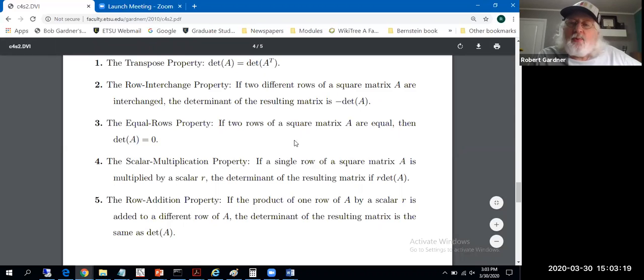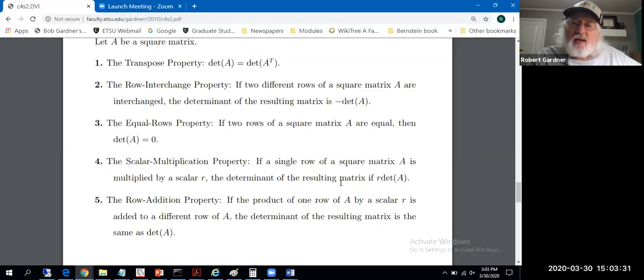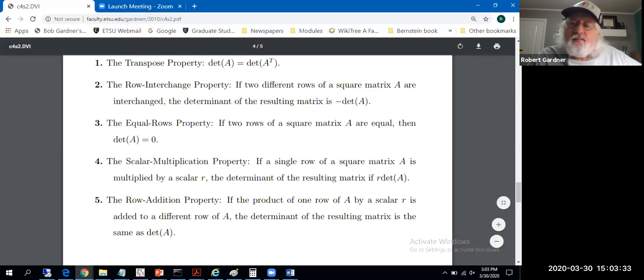Maybe property 3 is useful as a shortcut to notice when determinants are 0. But the plan's going to be row interchange and row addition. Try to avoid the scalar multiplication, multiplying a row by a scalar. And the only changes we'll have in the determinant as we go through the computations is introducing a multiple of a negative every time we interchange two rows.